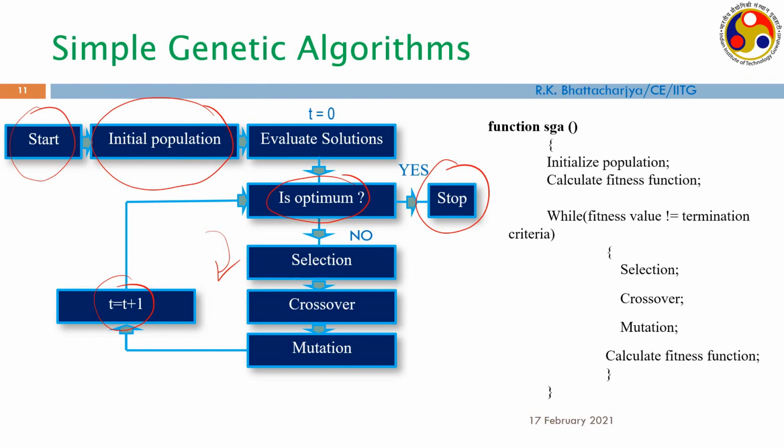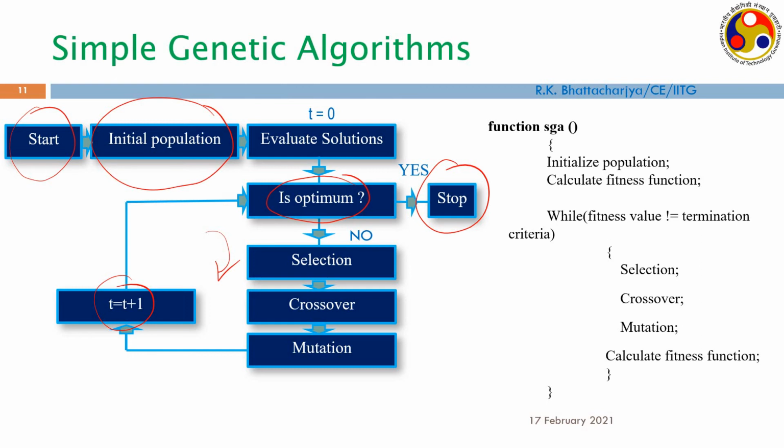You can define, suppose, for 50 iterations the best solution is not changing, then probably you got the optimal solution, and that's why it is not changing. Therefore you can terminate your iteration. There may be some different termination criteria, and we will discuss them in subsequent slides.